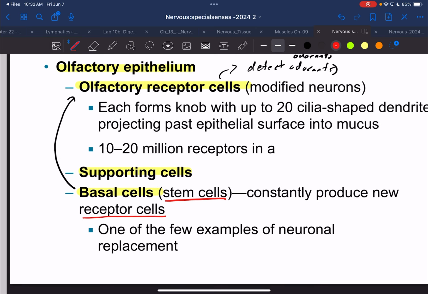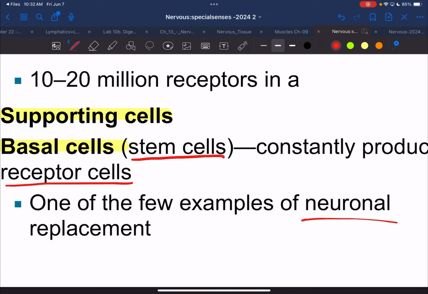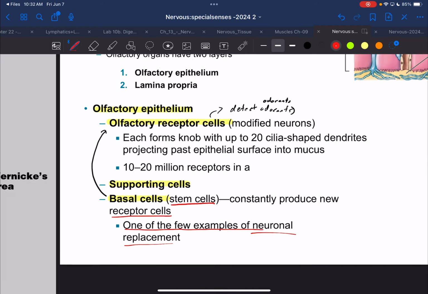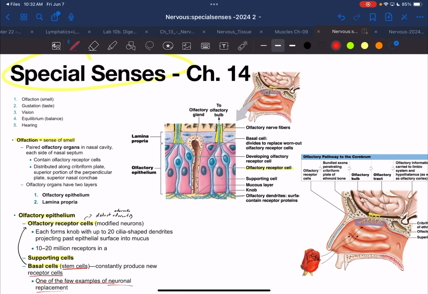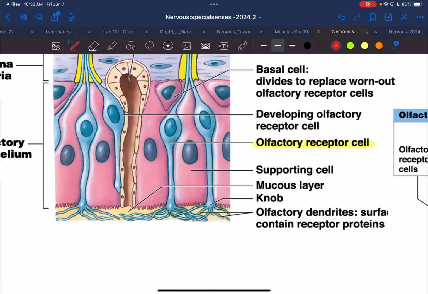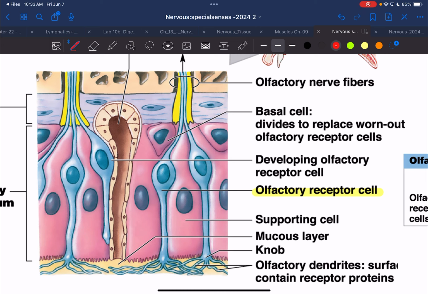And these are one of the only places that there is actual neuronal replacement. And so using our photo, olfactory receptor cell, and then our basal cell. Our basal cells will eventually divide to replace worn out receptor cells.